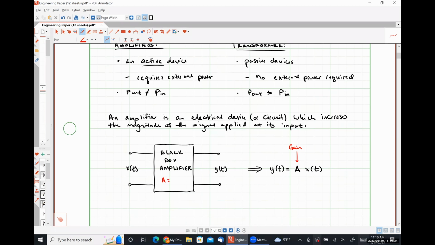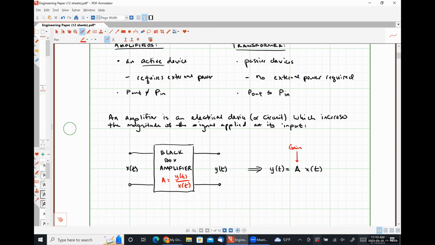Another way to think about the gain of the amplifier is it's the transfer function of the amplifier. And so what I mean by that is it acts on the input signal to generate the output signal. So it's simply the ratio of the output divided by the input.